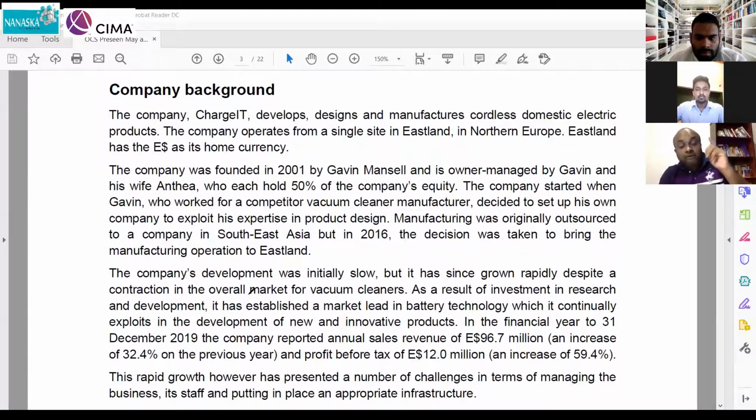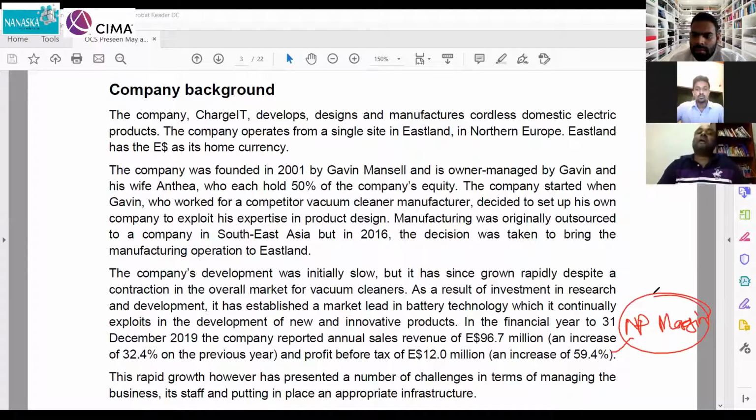But here, profit before tax increased by 59%, which means the profit before tax margin must have gone up from last year to this year. You can look at our financial review, then you realize profit before tax as a margin has gone up from 10 to 12%. So that's the beauty of it.